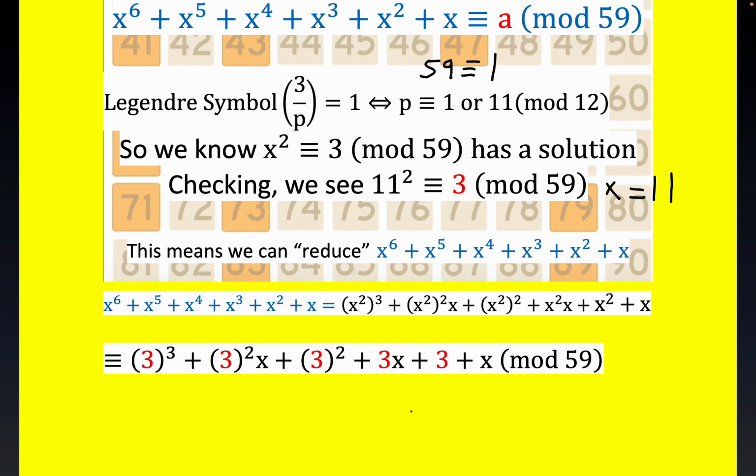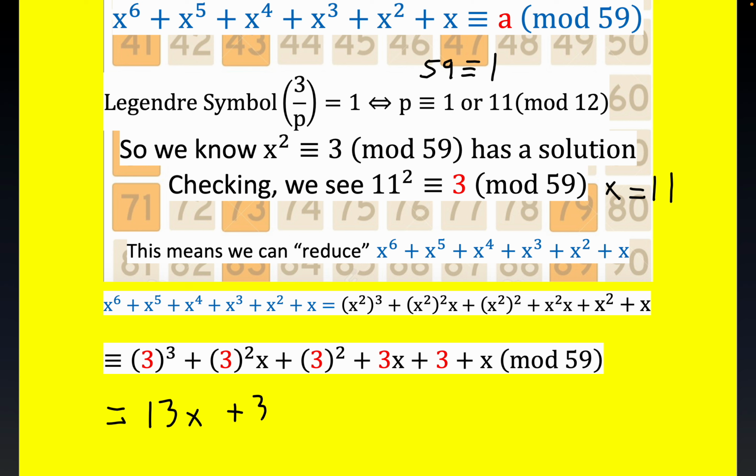Now, if you add up all the constants here, you're going to get 13x. This is not congruent, but equal. It's both, actually, but more specifically it's equal. This is equal to 13x plus 39.